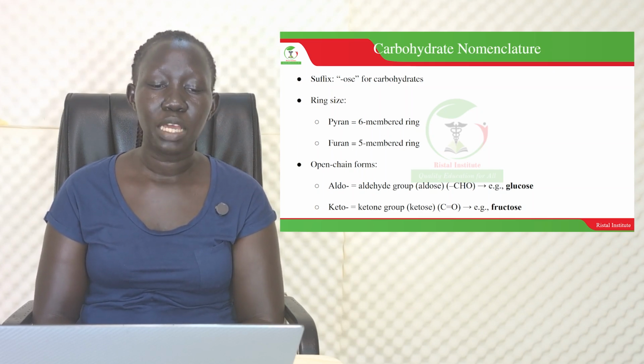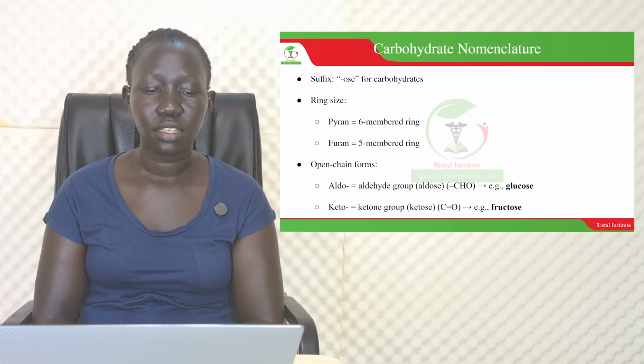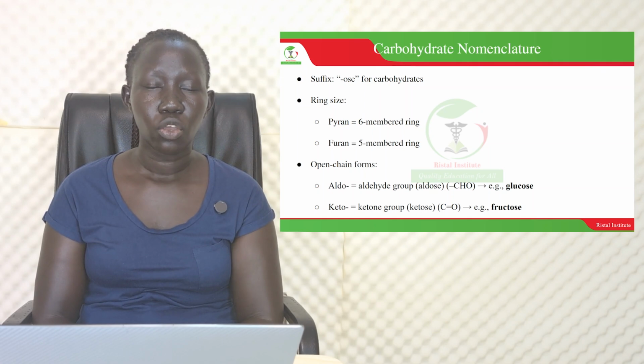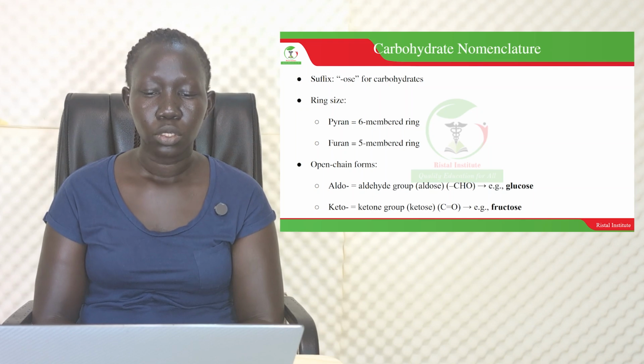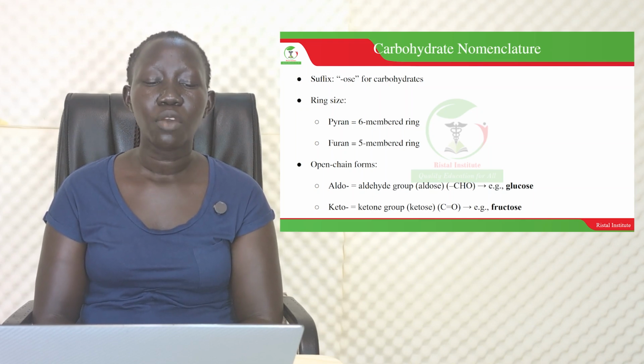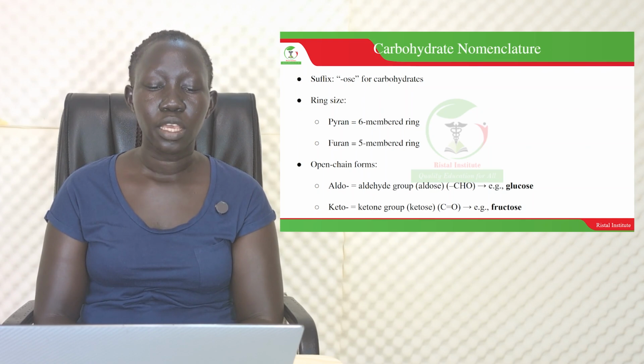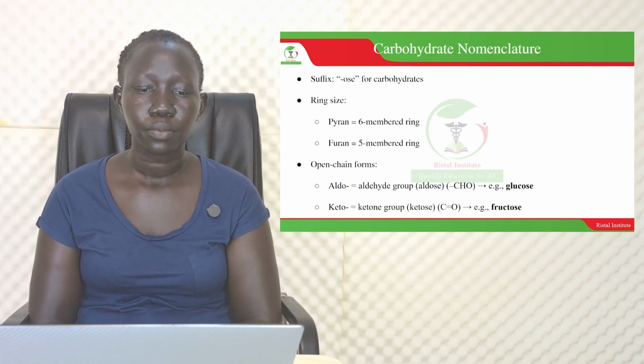We have the 6-membered ring that is called the pyran, and a 5-membered ring that is the furan. We can also have the open chain forms, which constitute the aldose or the aldo group that contains an aldehyde group, for example, glucose. And we have also the keto or the ketone group, the ketose sugars, for example, fructose.